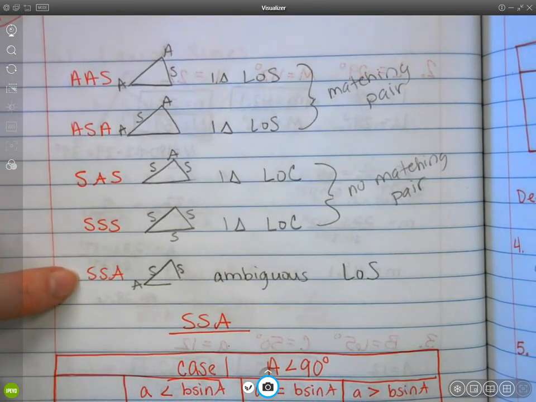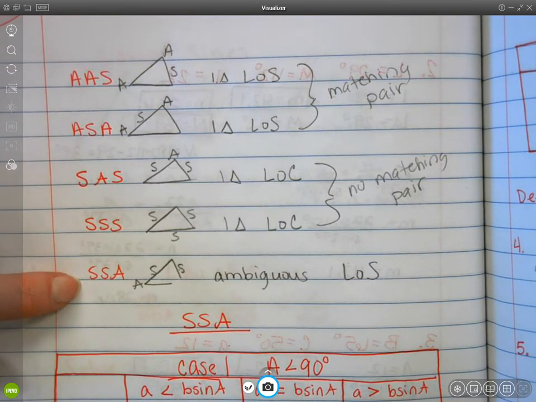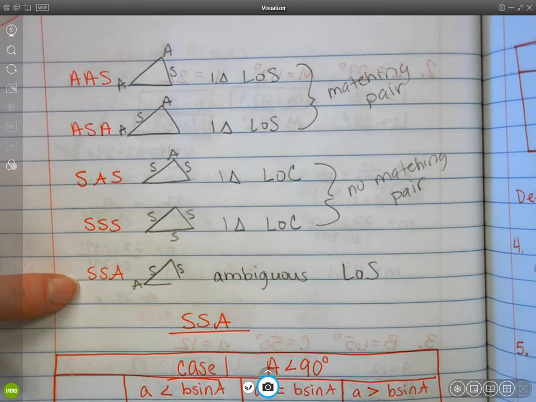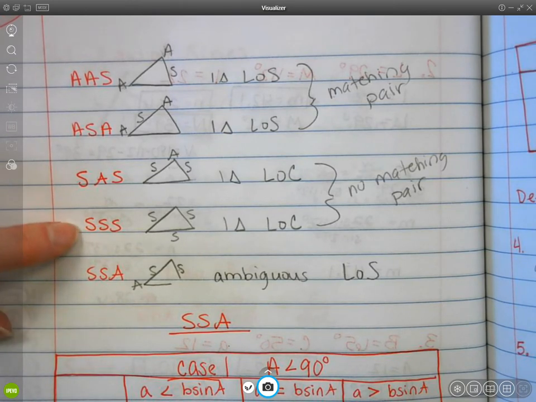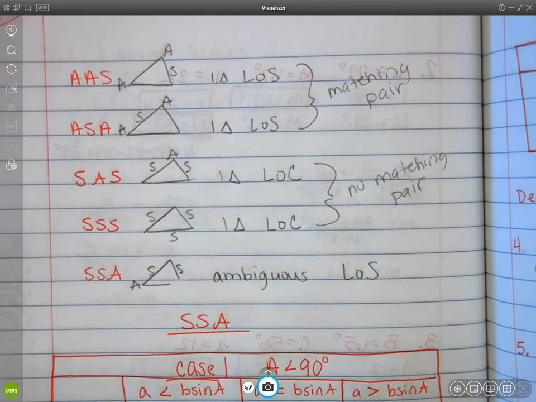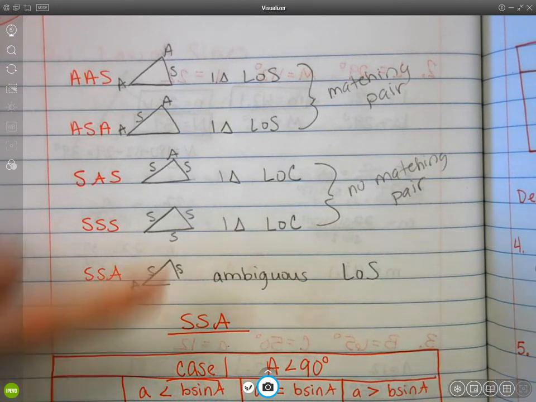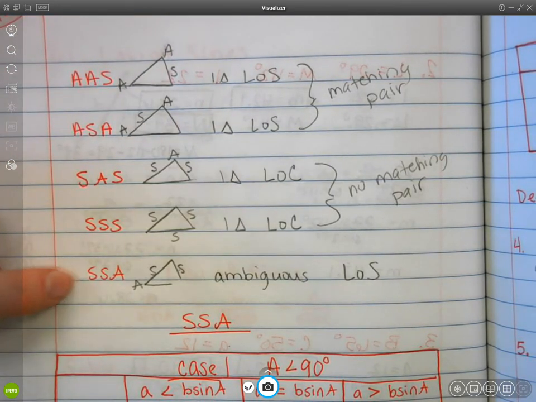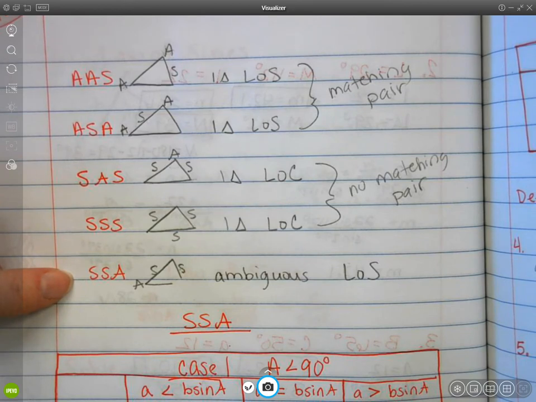If you have one angle with a matching pair, that was the ambiguous case, and you'll use the law of sines, but you've got to figure out how many triangles you have. And if I give you 3 sides, that's law of cosines. So this is just a little way of summarizing when to use what and how many triangles you're going to have in different cases. So it's always one triangle unless you have this ambiguous case.